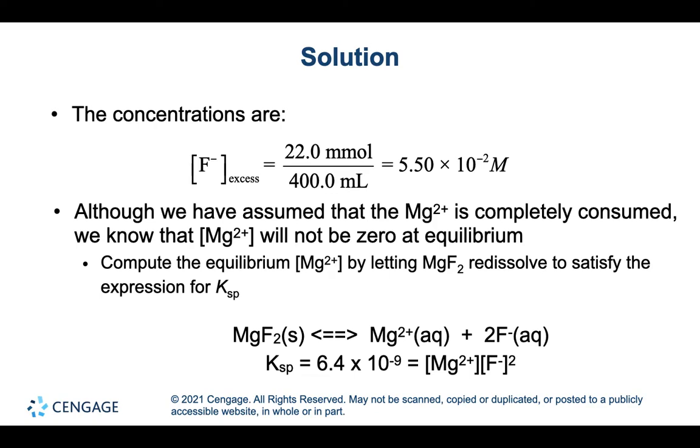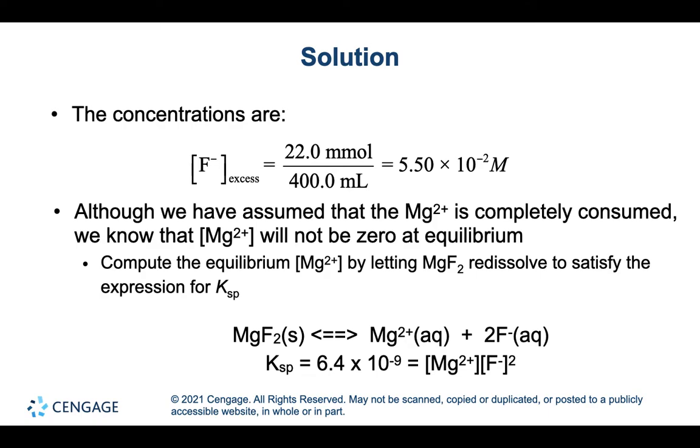Granted, there will be a minus 2x when it shifts to the right to reach equilibrium, but that minus 2x will be negligible. So we're going to take the Ksp, 6.4 times 10 minus 9, make the Mg plus 2 our unknown, and plug in for F minus the leftover F minus from running the reaction to completion, 5.50 times 10 minus 2.